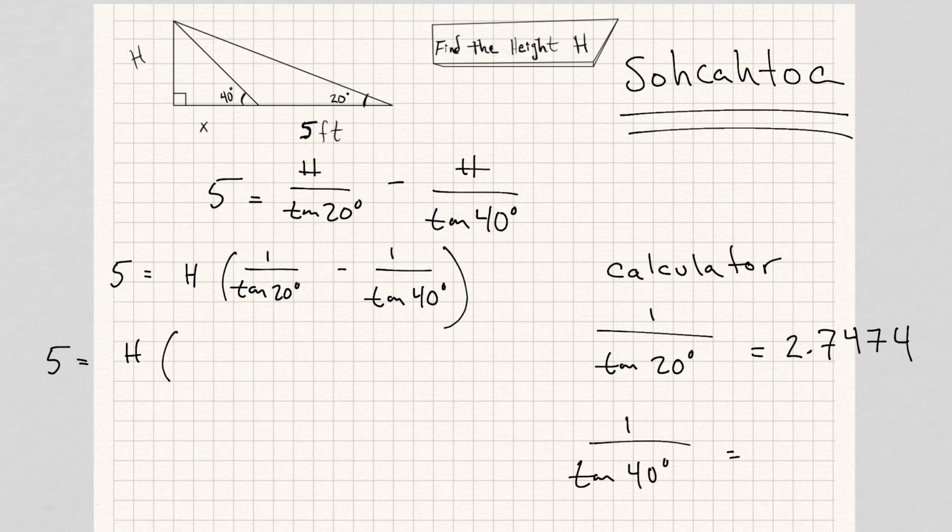And 1 divided by tangent of 40 degrees equals 1.1917. So I have 2.7474 minus 1.1917.